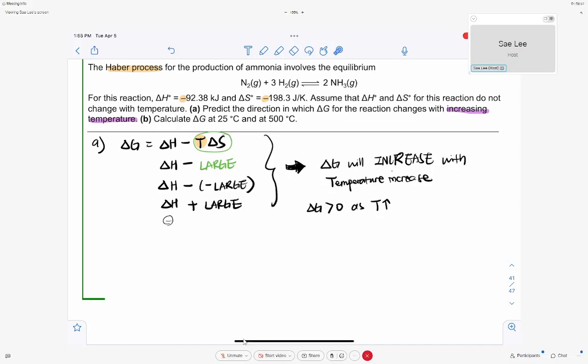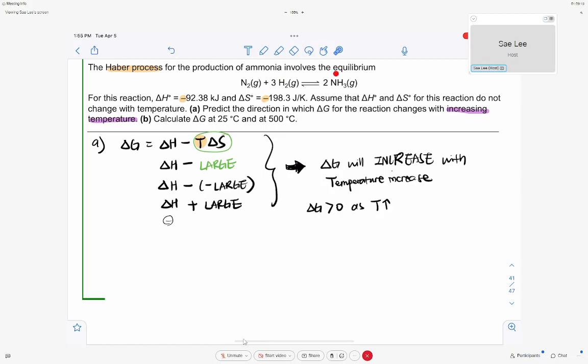What does that mean? It doesn't mean it will produce more ammonia. This means it will produce less ammonia. The reaction is going to be more and more non-spontaneous as temperature increases.